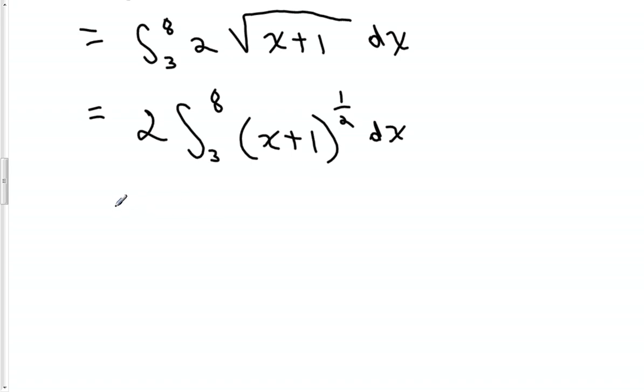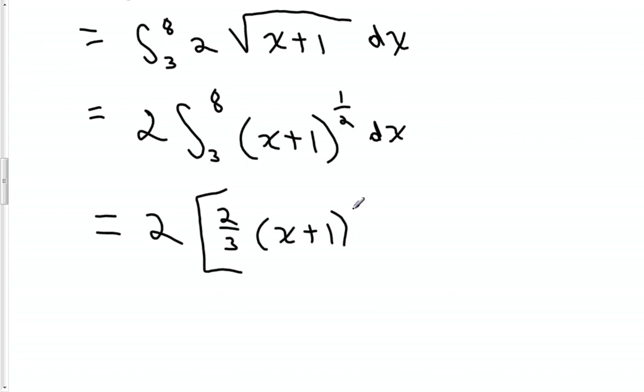And after the u substitution, you will get this expression. This will be 2 times, and when you integrate that with a u substitution, you get 2/3 times x plus 1 to the 3 halves power.